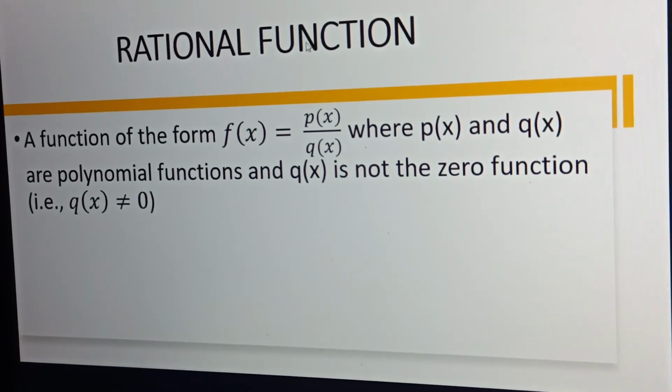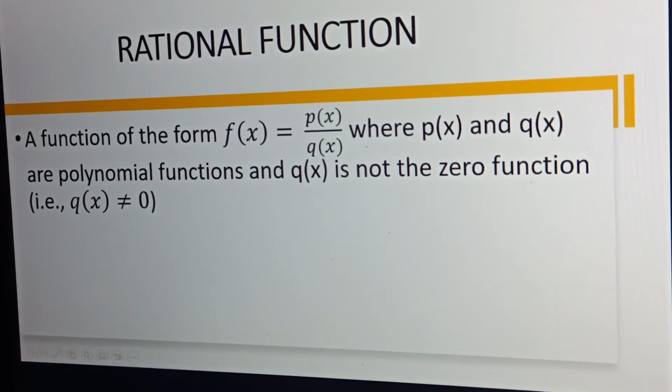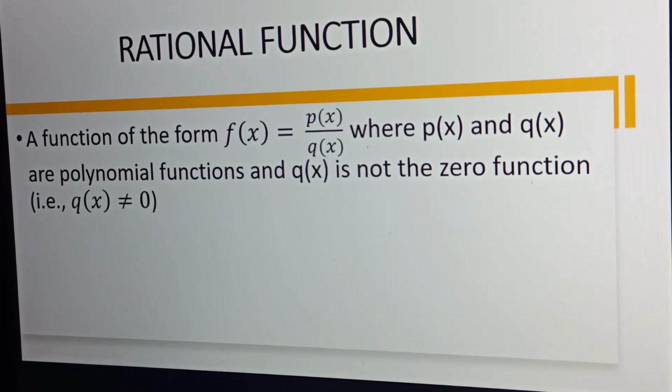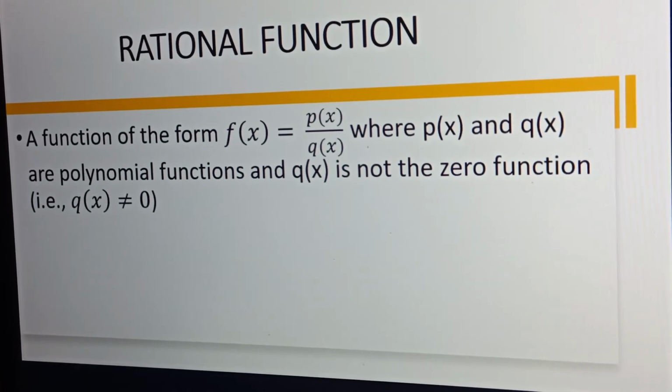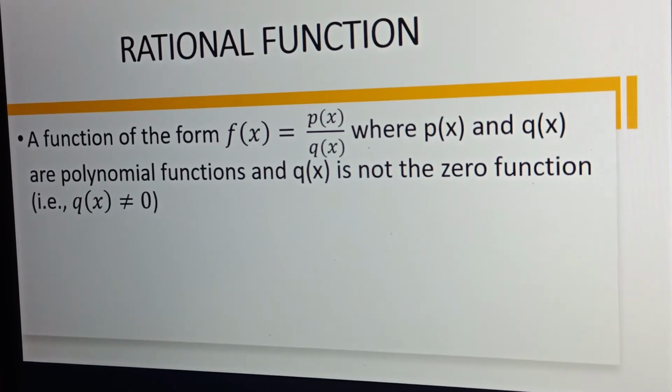How about kapag si p of x naman ang value niya is 0, or yung ating numerator is 0? Therefore, the given expression is equals to 0. Again, kapag ang denominator natin ay equals to 0, undefined. Kapag ang numerator naman natin ay equals to 0, therefore, that is also equals to 0. Okay? So, ano nga ba yung example ng ating rational function?